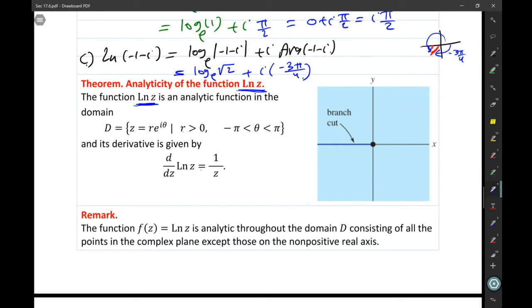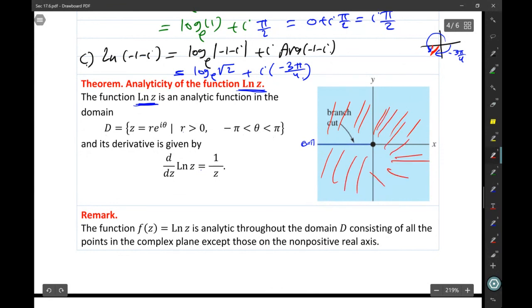I mean pi is not included. Theta equal to pi is not included. There is no equality at pi or minus pi, which means it is analytic at every point here except the points in this blue color, because here theta is equal to pi if you go counterclockwise, and if you go clockwise, theta is equal to minus pi, and it is not included.